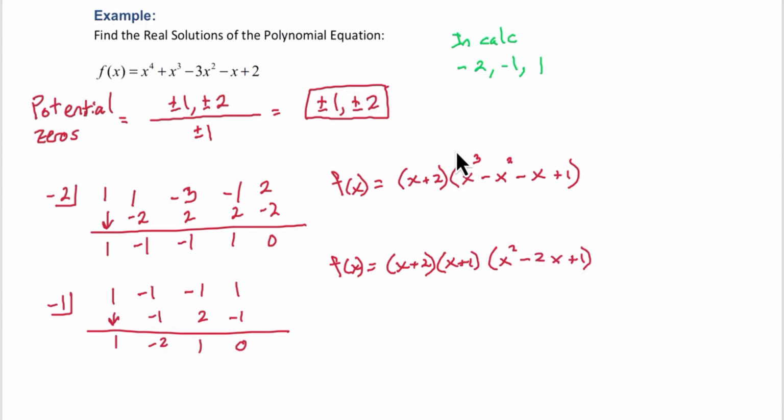If we wanted to continue using synthetic division, we could. We do have another 0, but this quadratic may be easier and faster to just factor. Two numbers that multiply to 1 and add to -2 are -1 and -1.